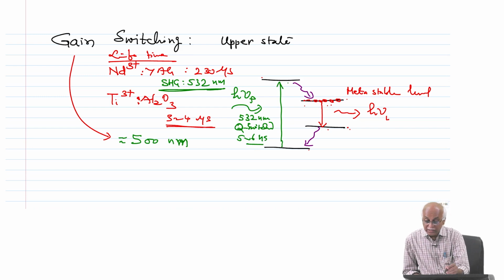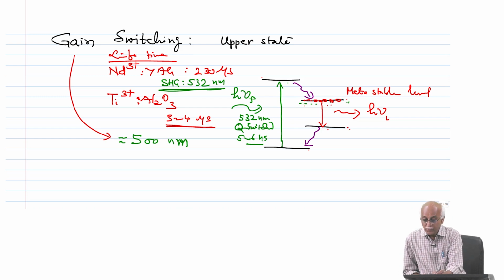The pulse width is 5 to 6 nanosecond. That means within 5 to 6 nanosecond the titanium sapphire laser's upper laser level will get populated. All the pumping energy will be used to populate this metastable level in the titanium sapphire crystal, within 5 to 6 nanosecond, very short.